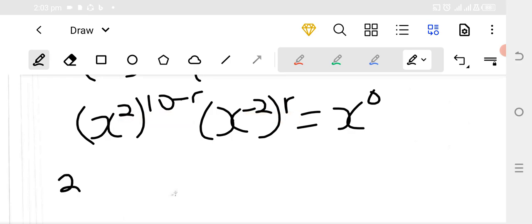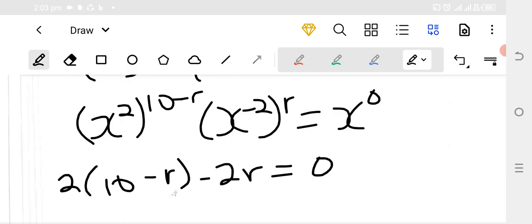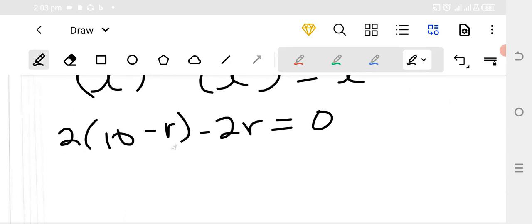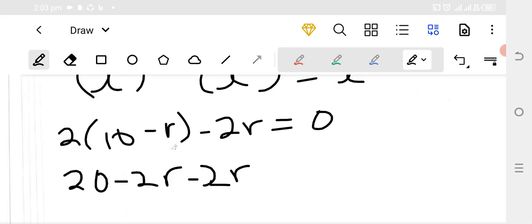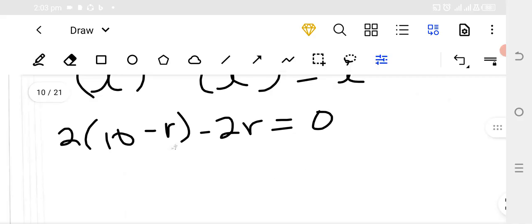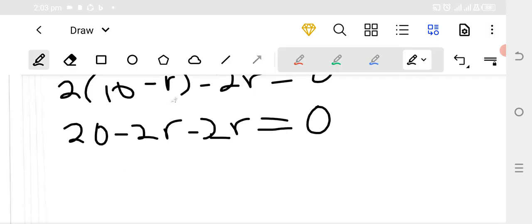So it's going to be 2 multiplied by 10 minus r, minus 2r, is equal to 0. So it's going to be 20 minus 2r minus 2r is equal to 0. 20 minus 4r is equal to 0.